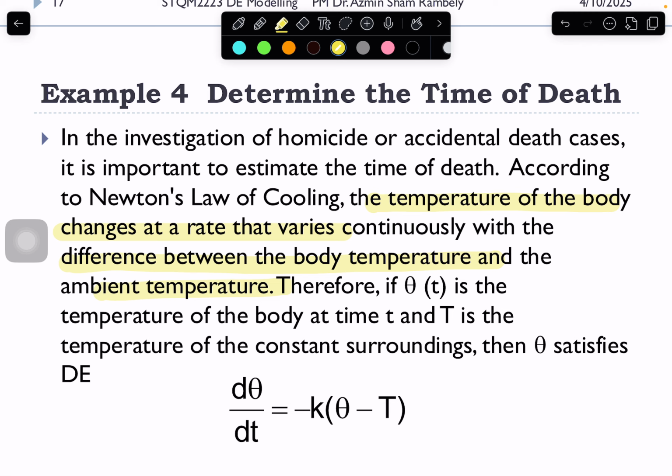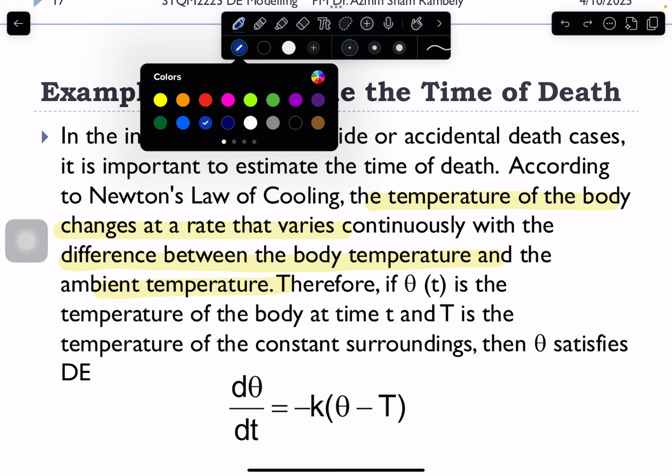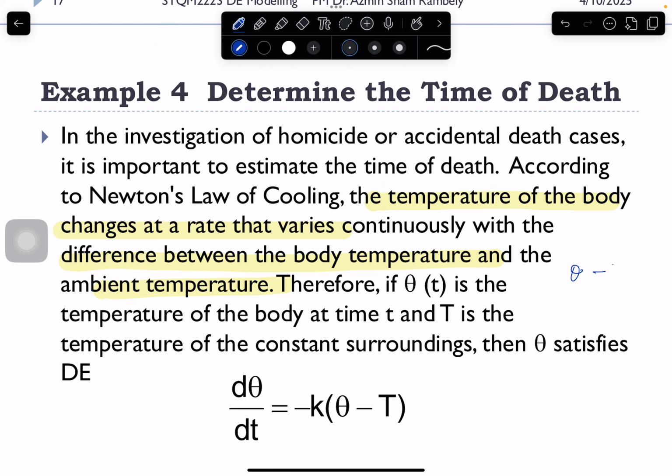So the rate of change of the temperature of a body is equal to the difference between the current temperature and the ambient temperature.